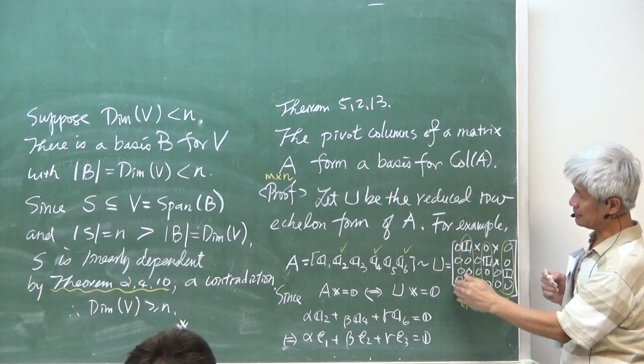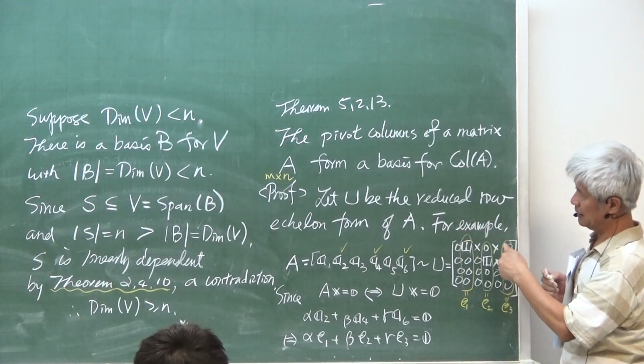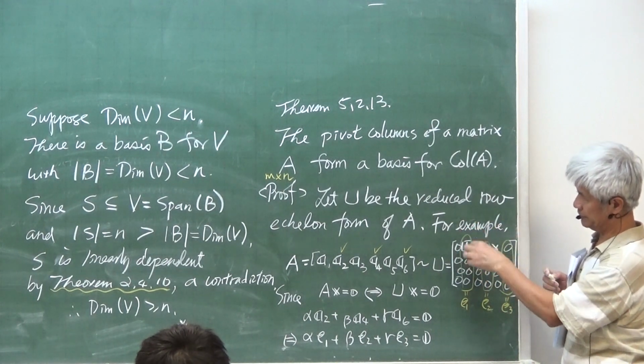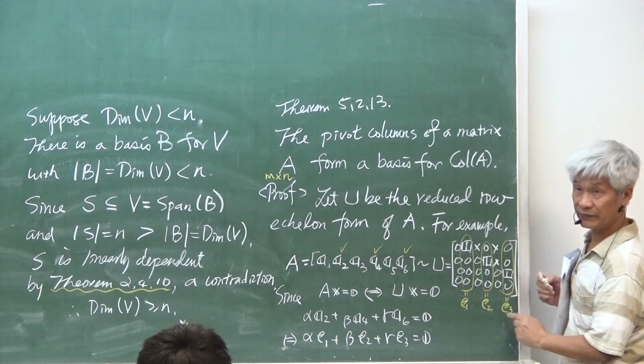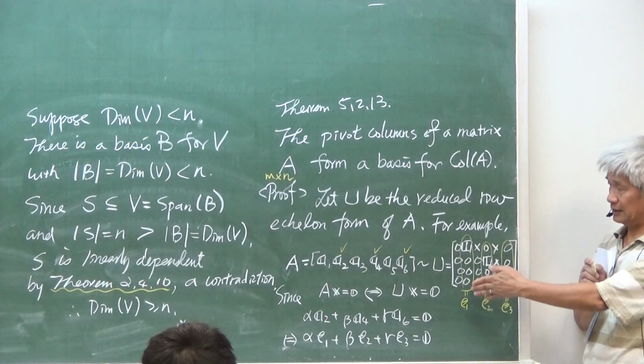So every non-pivot column must be a linear combination of the standard unit vectors. Is that okay? It's very easy to see from here.